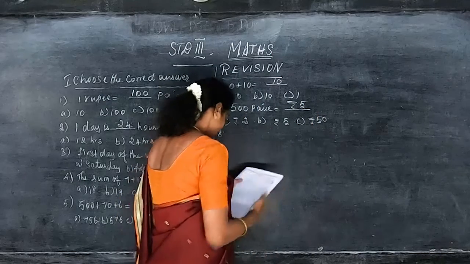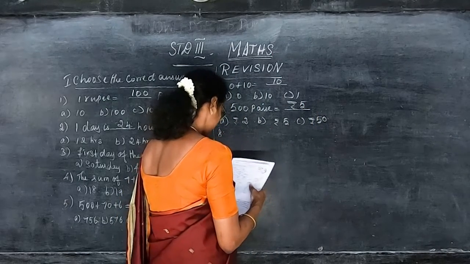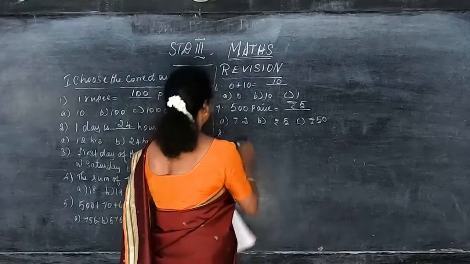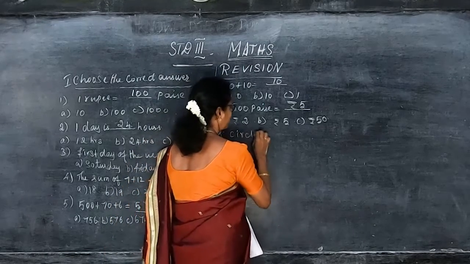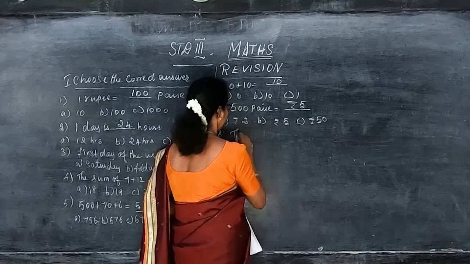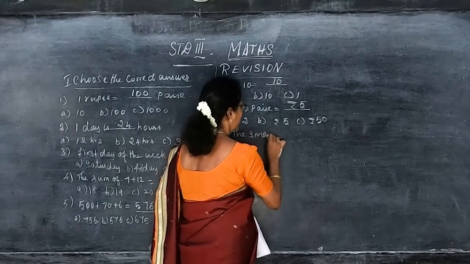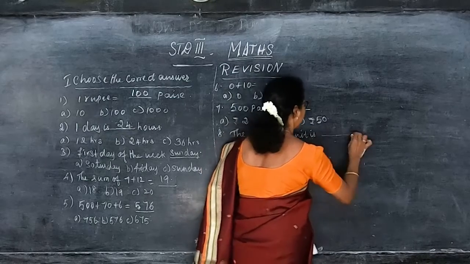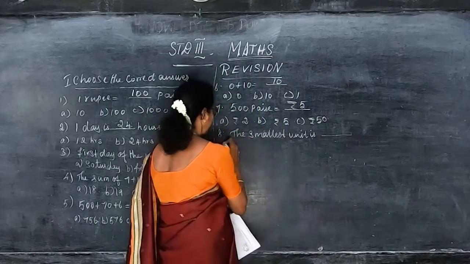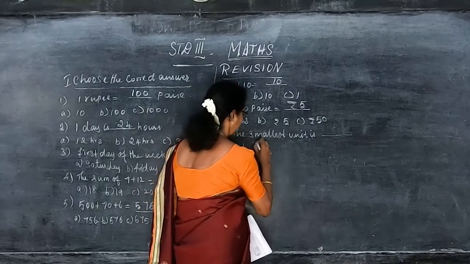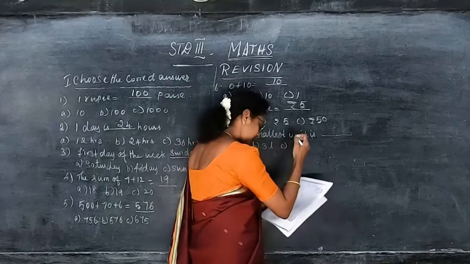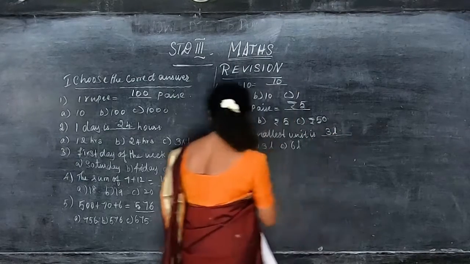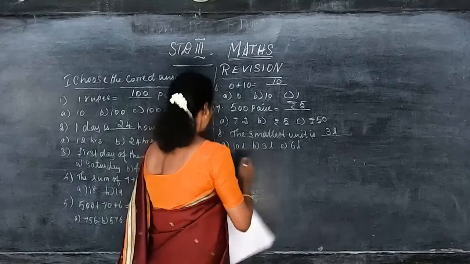Then eighth one, circle the smallest unit. The smallest unit is dash. A is 10 liter, B is 3 liter and C is 6 liter. So which is the smallest unit? 3 liter.